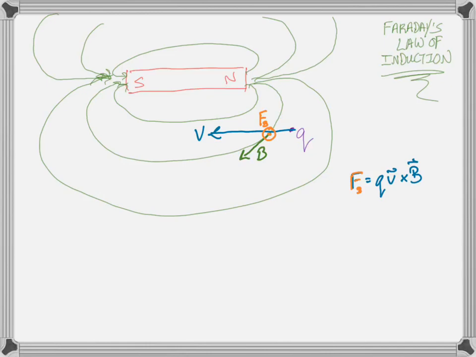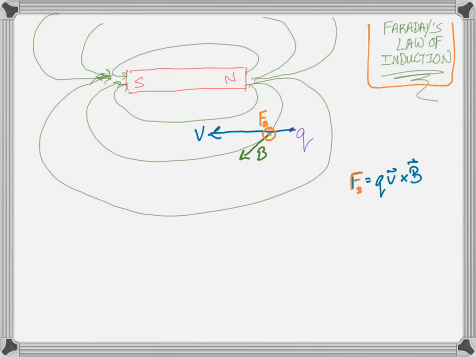So what this tells us is that we just said that all motion is relative. So if the magnet moves relative to the charge or the charge moves relative to the magnet, it's still going to feel that force out of the page. So if the charge is stationary and the magnet is moving to the right, the charge will still feel a force out of the page and the charge will start to move.